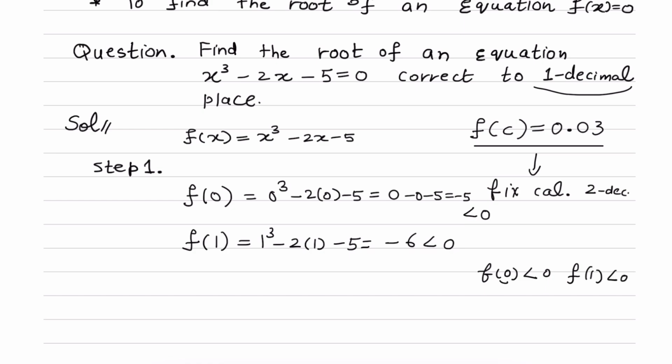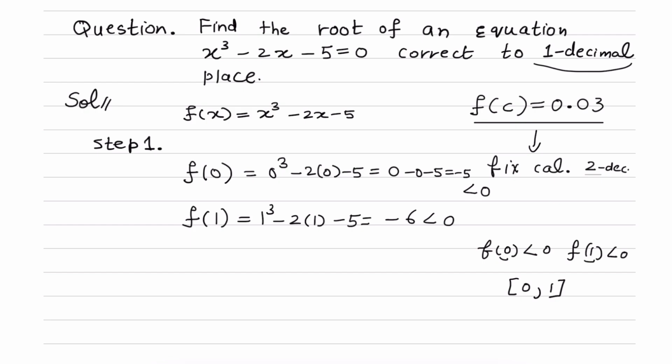Can we have the interval composed of 0 and 1? No, this is not the appropriate interval. From the previous video, if you can recall the calculus result, the root will lie on an interval where on one end we have the positive value of the function and on the other end the negative value, or the other way around.